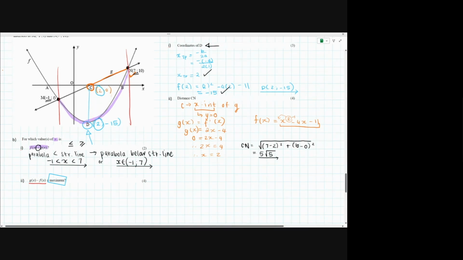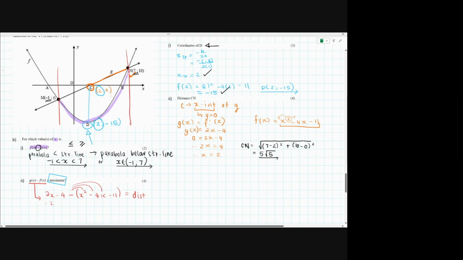Okay, so first things first is we actually want to go and substitute into this little expression. So g of x we know is 2x minus 4 minus f of x. And guys, please put a bracket there. I know it seems so silly, but you have to remember to distribute in your negative. So minus x squared minus 4x minus 11. This will be the distance between g of x and f of x. Distribute in your negative and simplify.